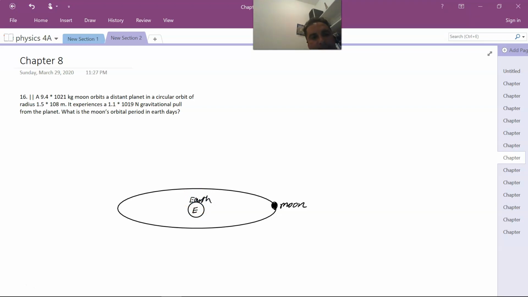So it says mass of the moon. So I'm going to write mass of the moon is 9.4 times 10 to 21 kilogram. This is mass of the moon. It says it orbits a distant planet in a circular orbit.